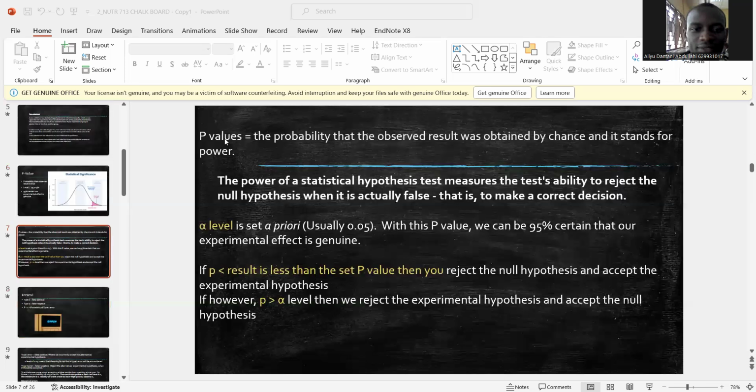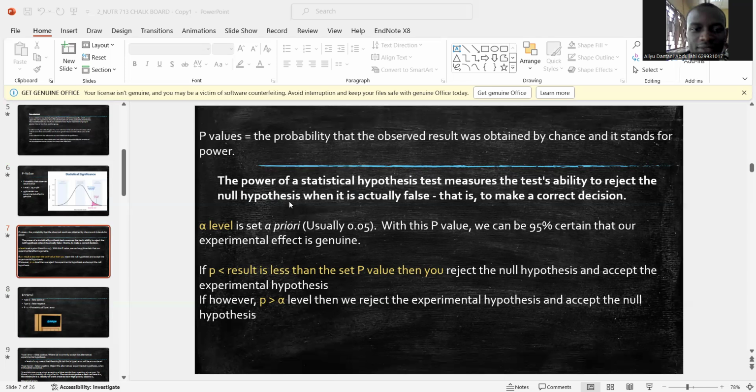Okay, so the p-value is the probability that the observed result was obtained by chance, and of course, the p stands for power. And this is the definition of a p-value. The power of a statistical hypothesis test: a hypothesis test measures the test's ability to reject the null hypothesis. Of course, the null hypothesis assumes that there's no significant difference.